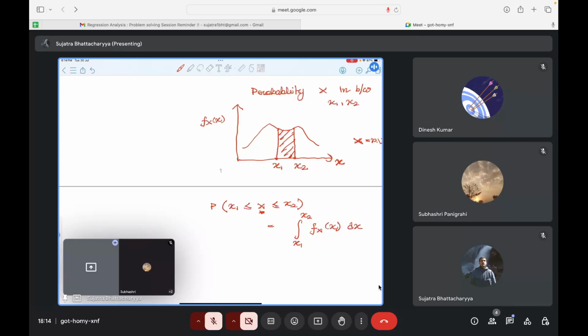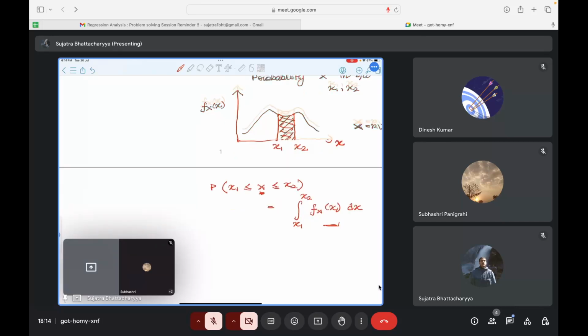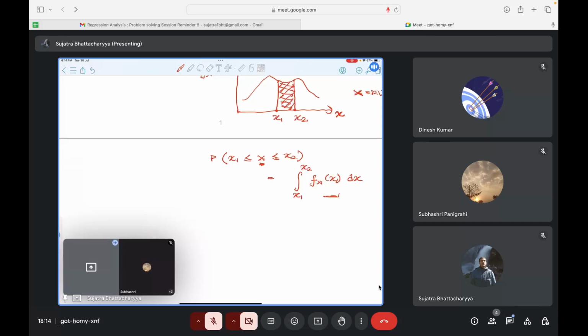So this area is represented by this integral. This is how the probability is defined in terms of the probability density function, and how the PDF and the probability P are related.